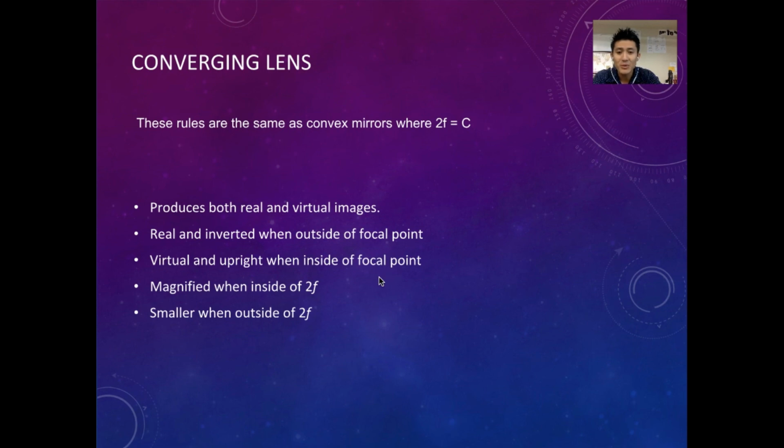However, if it's inside of the focal point, like the magnifying glass, if you hold it really close to an object, the image will be virtual and upright. It won't be flipped. When the object is inside of 2f, the image will be larger than real life. But when it becomes farther away, as you move the magnifying glass farther and farther, the image gets smaller and smaller, and eventually it'll flip upside down.